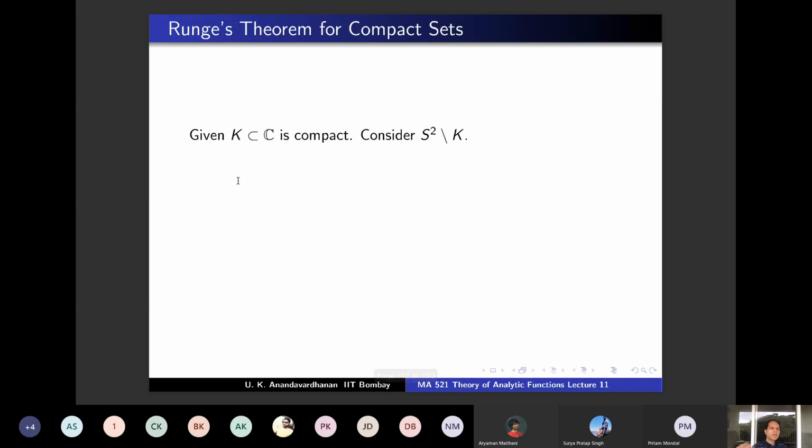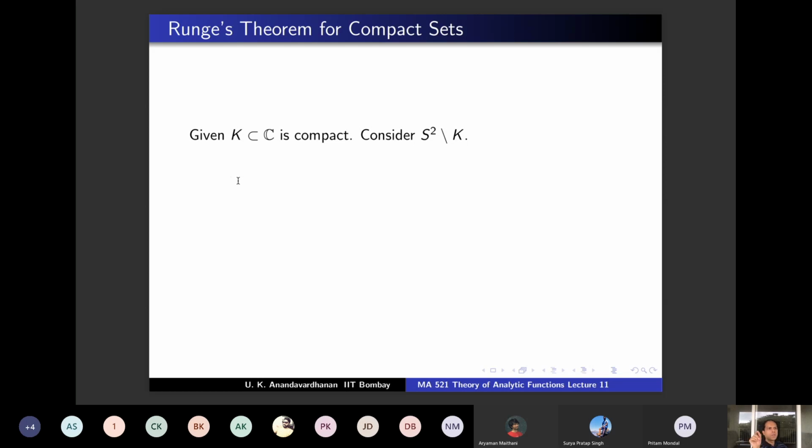Okay. And consider its complement not in the complex plane, but in the Riemann sphere. So what is the Riemann sphere? It is the complex plane together with the point infinity, topologized appropriately. For any complex point, its neighborhood is the usual neighborhood, the usual open sets; an open disk is the usual open disk.